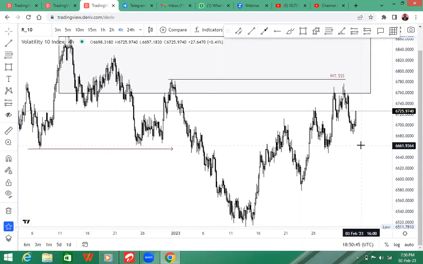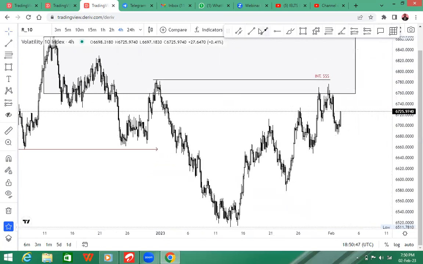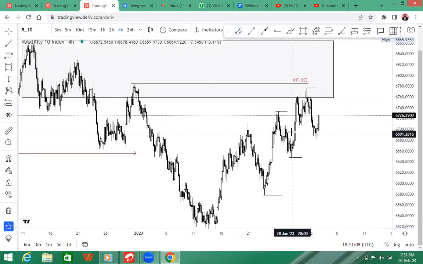So let's go back to the 4-hour structure. Price has been giving us all of this move, a higher high. Now price gave us this higher low, and then a higher high. So I was looking at price to capture this liquidity coming to this imbalance.